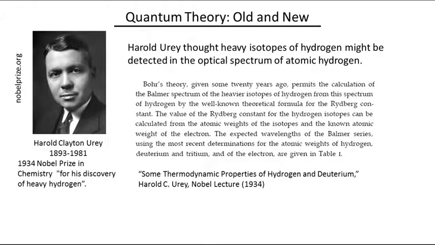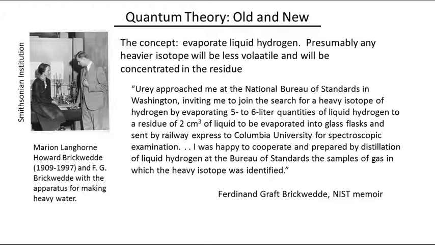So no one had seen a heavy isotope of hydrogen. Urey thought it might be detected in the optical spectrum of atomic hydrogen, but how to prove that decisively? He had the idea of taking large quantities of liquid hydrogen, cryogenic fluid, evaporating the liquid.